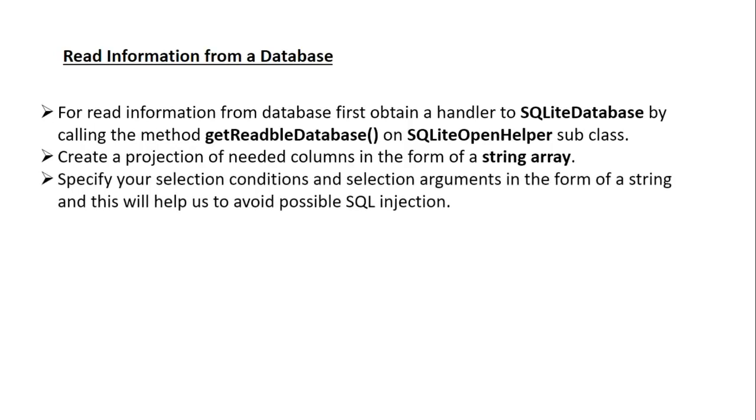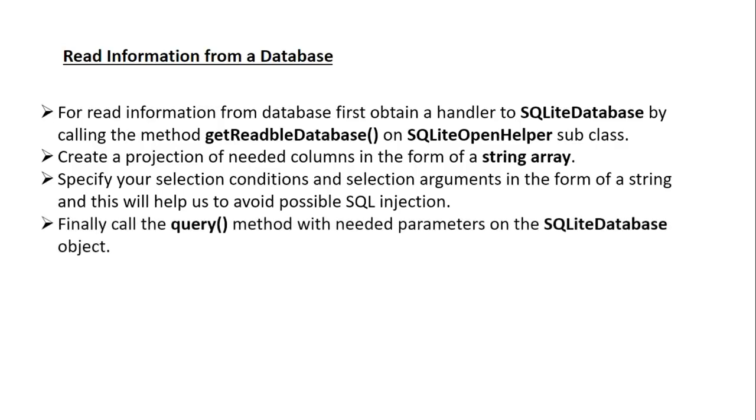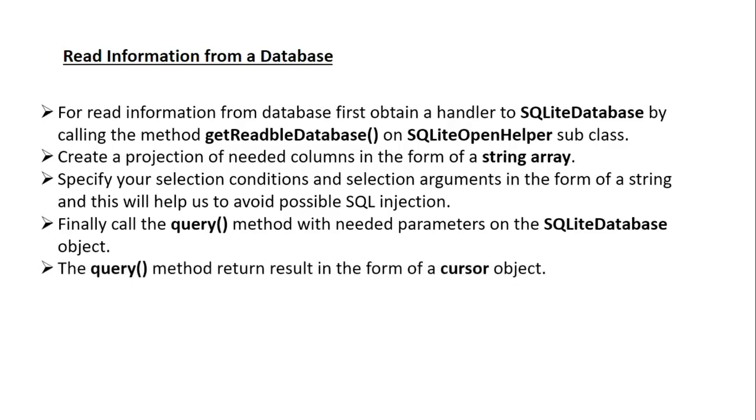Specify your selection conditions and selection arguments in the form of a string, and this will help us to avoid possible SQL injection. Finally, call the query method with the needed parameters on the SQLite database object. The query method returns a result in the form of a cursor object.